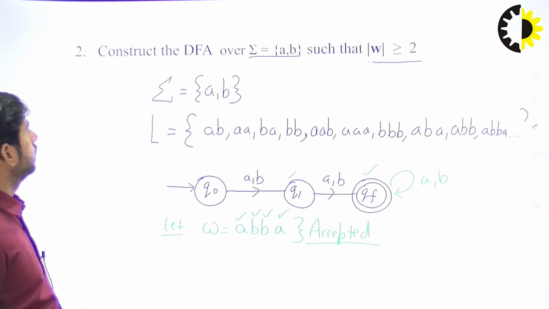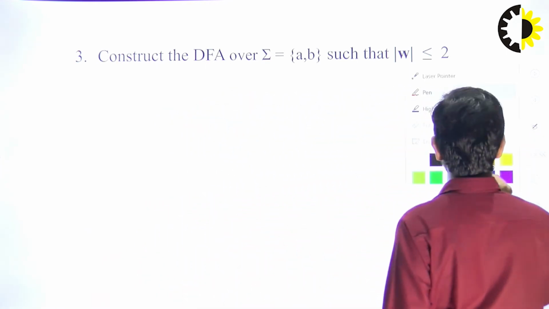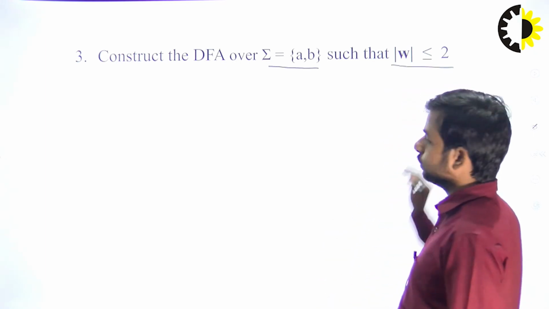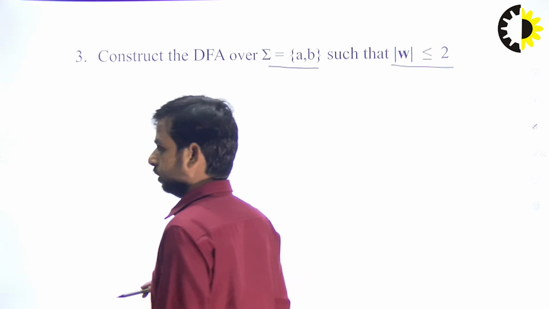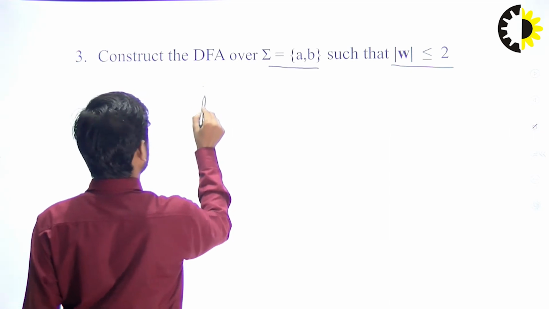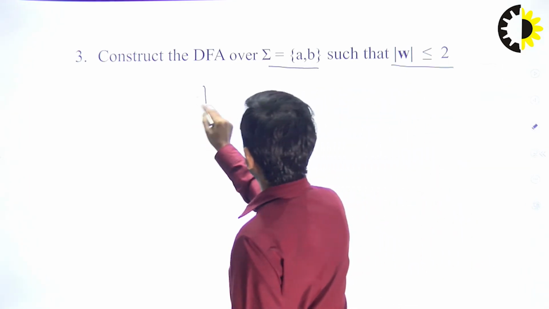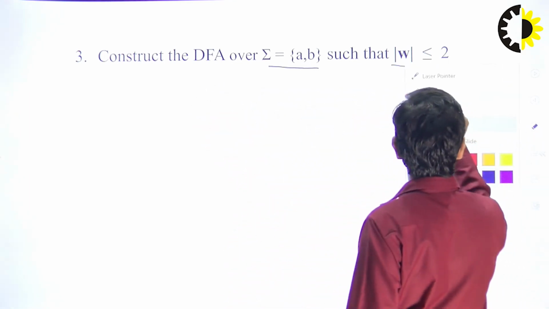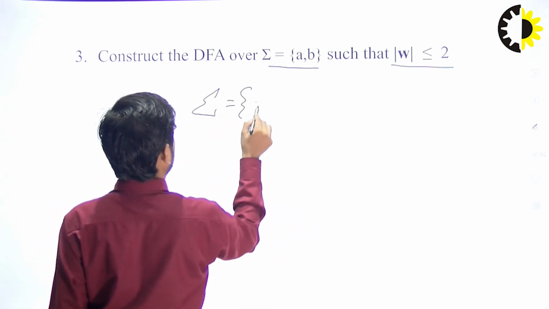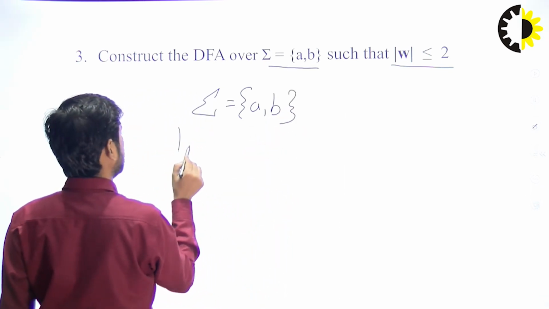Okay. Now let's see the third example. Construct the DFA over sigma equal to {A, B} such that length of string is less than or equal to 2. Here sigma equal to {A, B}, and what is the language?